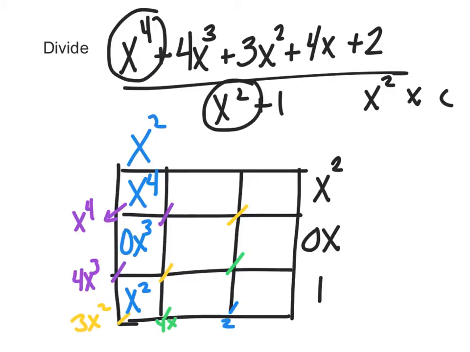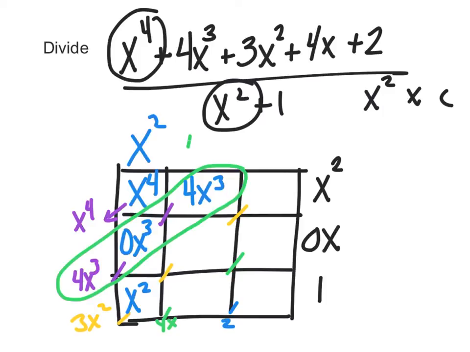Okay. So now I'm going to focus on these guys. I know this has to total 4x cubed, and right now I have 0x cubed. So what do you think this box has to be? Hopefully you've guessed it and said, well, if I don't have anything and I need 4x cubed, it's got to be 4x cubed. Okay, so now I'm going to go back and say, now that I have this box here, x squared times what gets me 4x cubed?